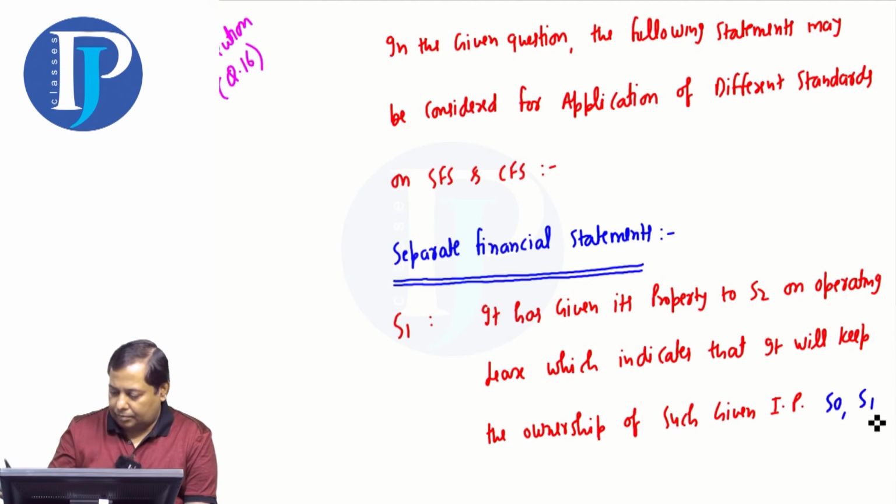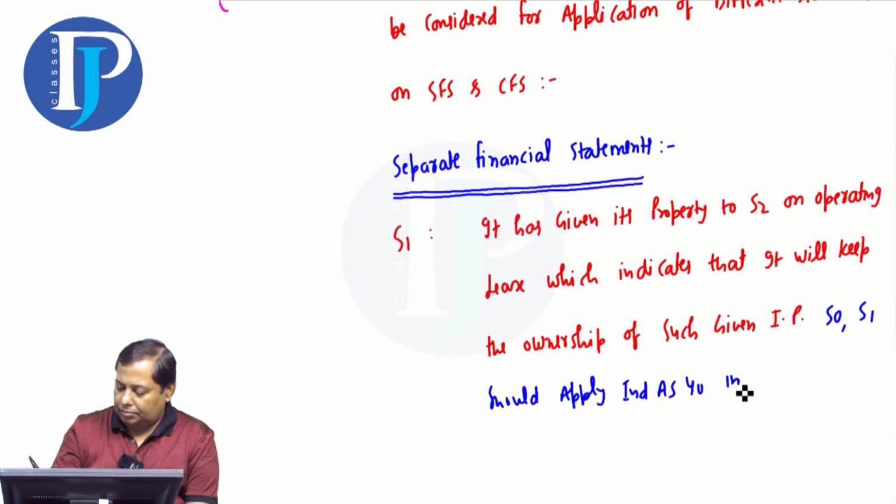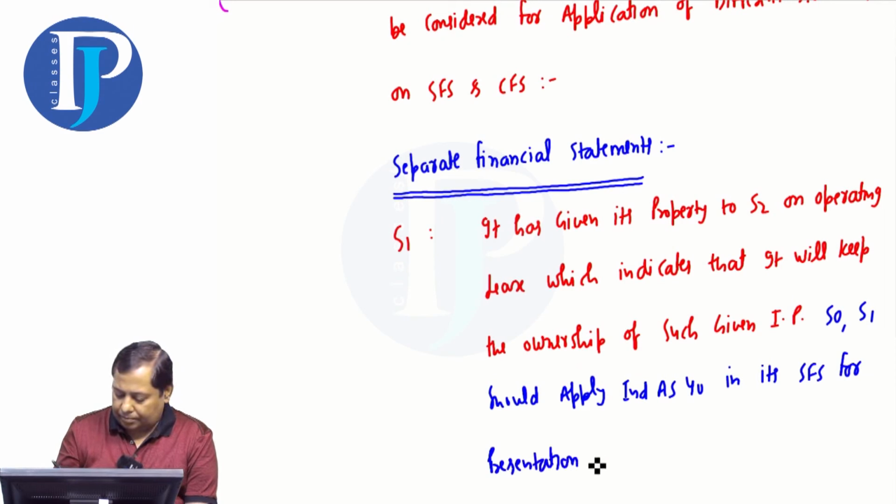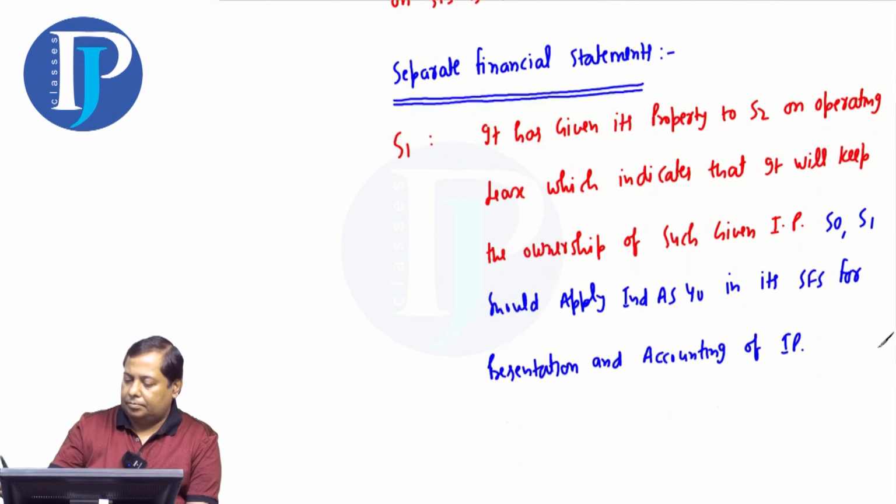So S1 should apply AS 40 in its SFS for presentation and accounting. S1 should apply AS 40.